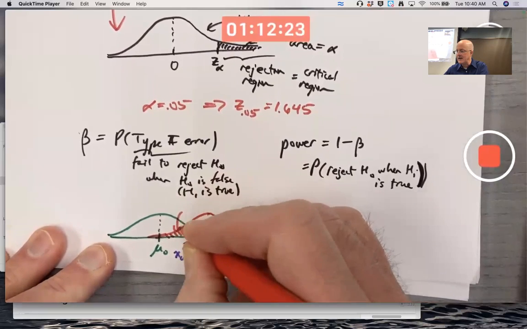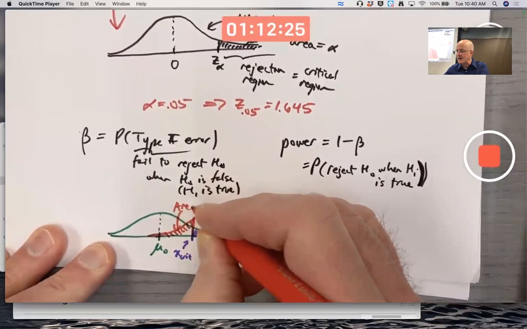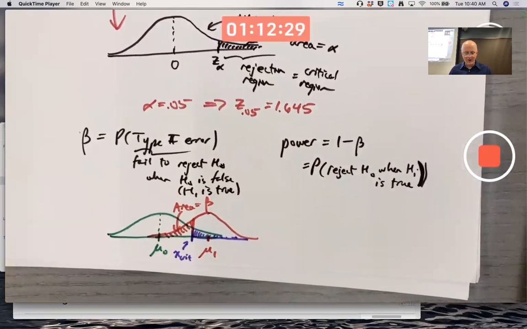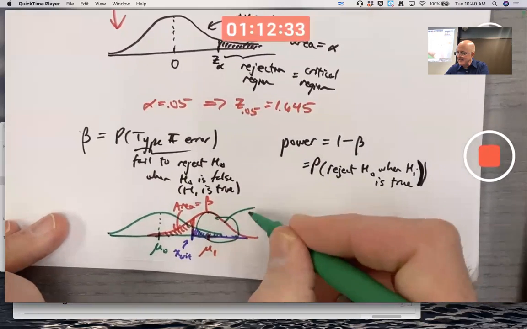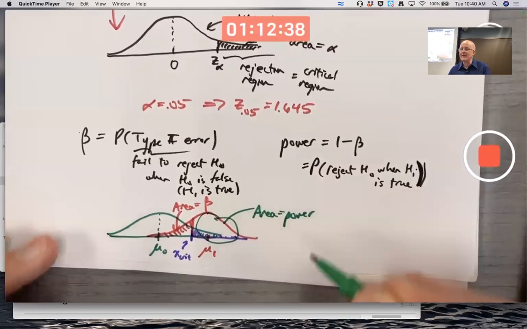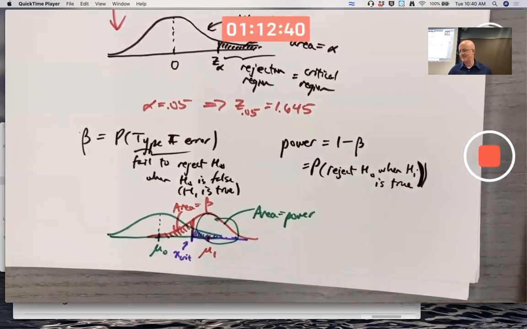That area equals beta. And therefore, this area over here under the red curve is the power. And the goal is to make both alpha and beta small, or said another way, make alpha small and the power big.